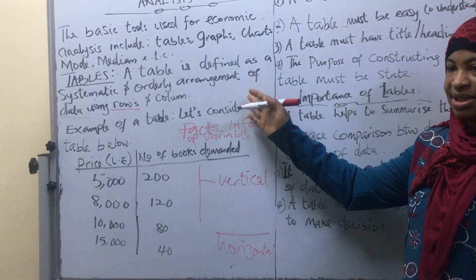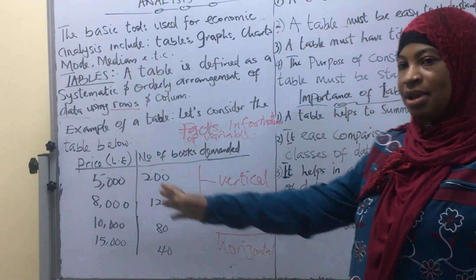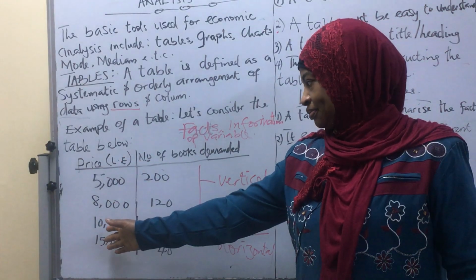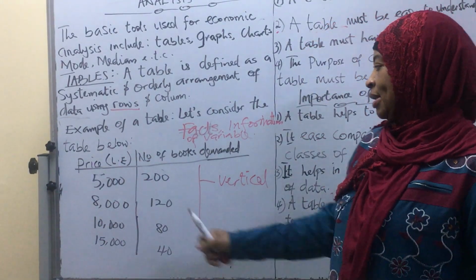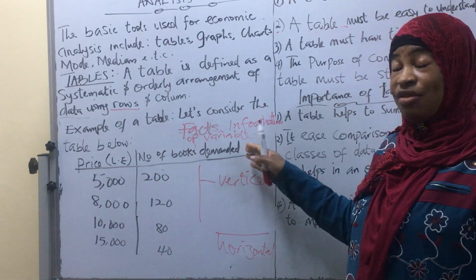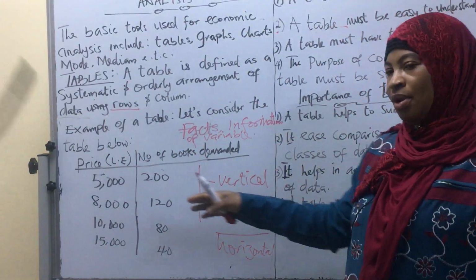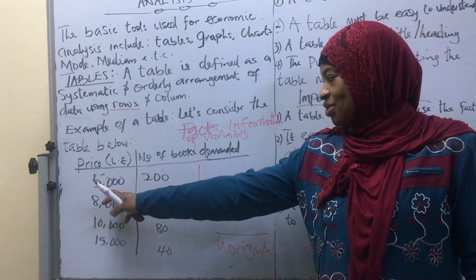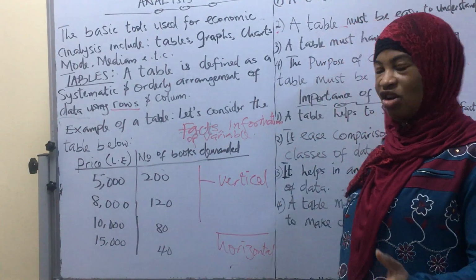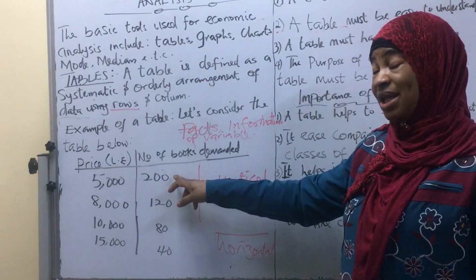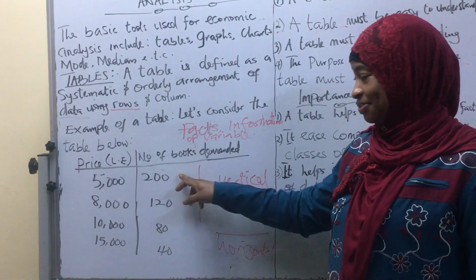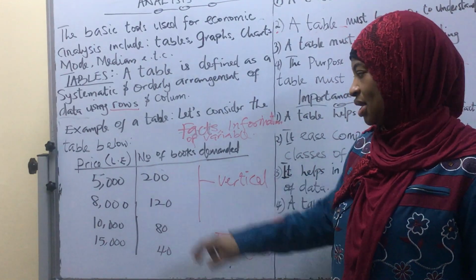Let's consider the example here. These are the prices, and these are the numbers of books demanded. When the price is 5,000, the number of books demanded is 200.